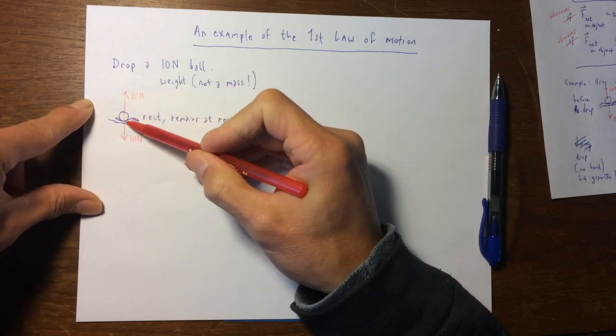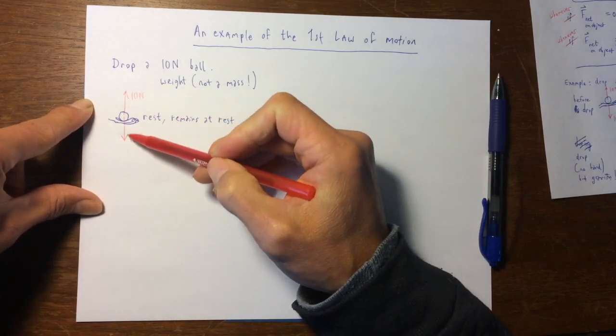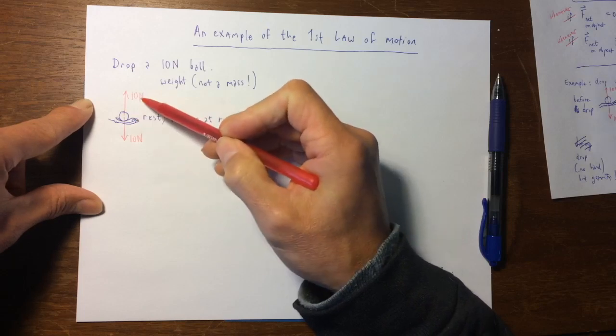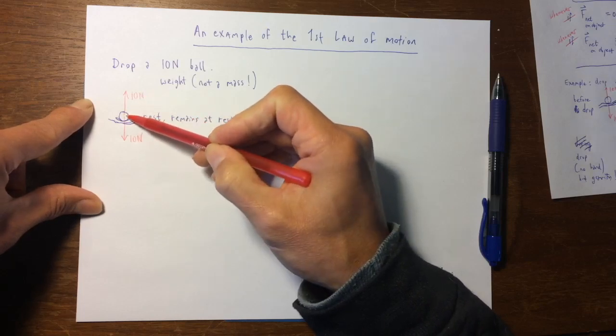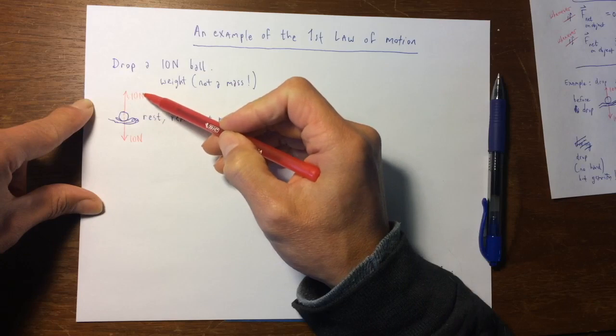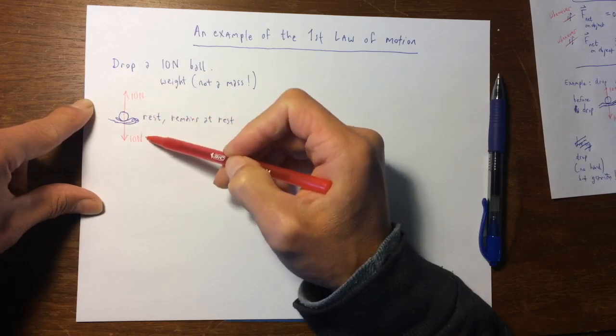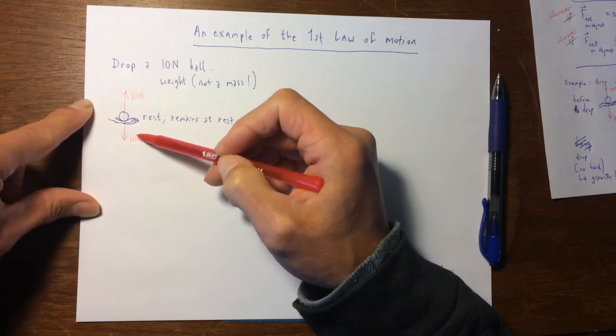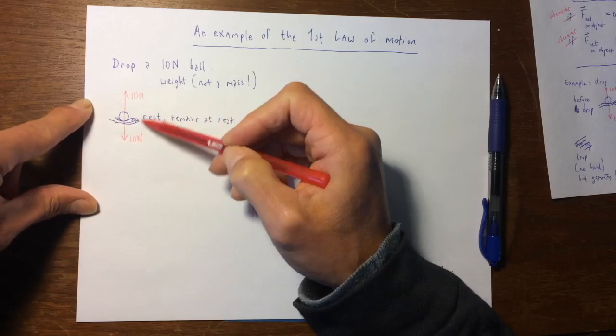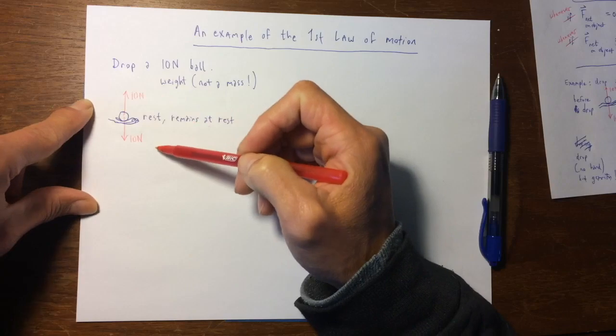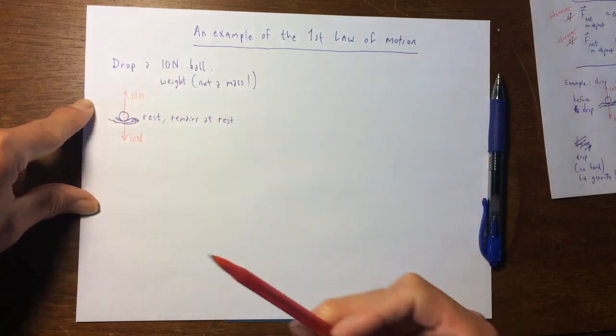So you've got these two competing forces. They're in opposite directions with the same magnitudes, and they both are forces upon the ball. This is the force by the hand on the ball, upwards, and this is the force by the Earth on the ball, downwards. Two completely different forces. They just happen to have the same size and point in opposite directions.